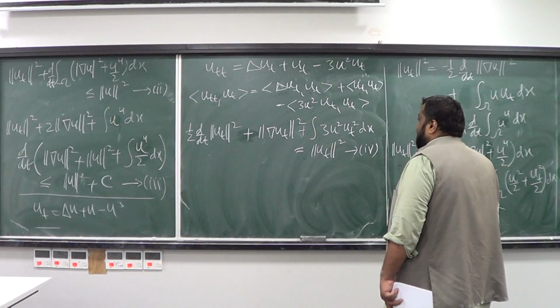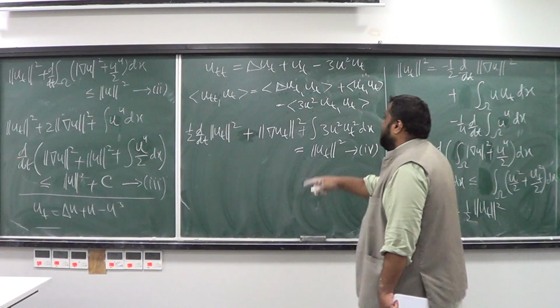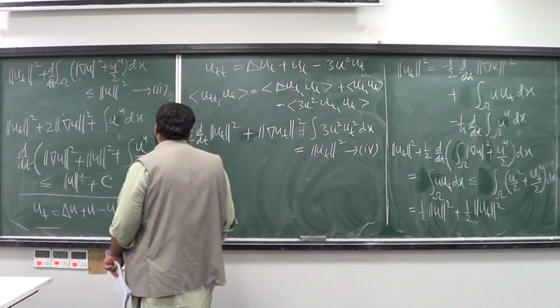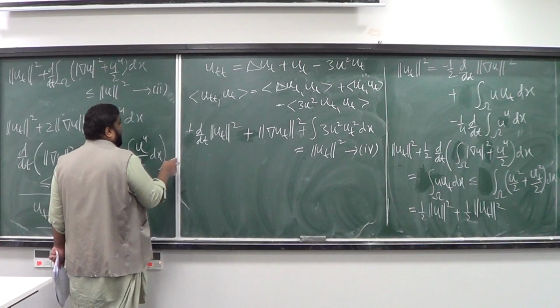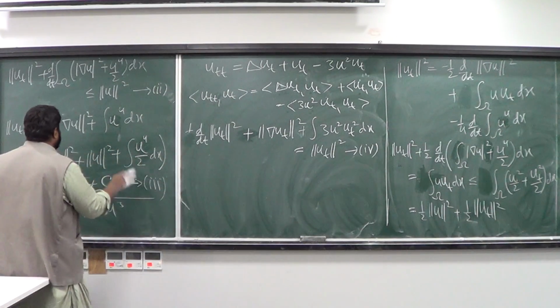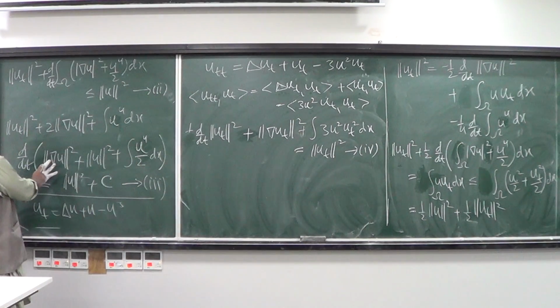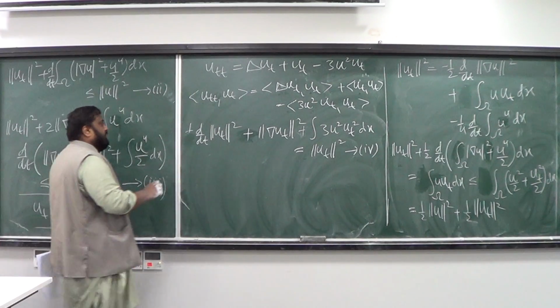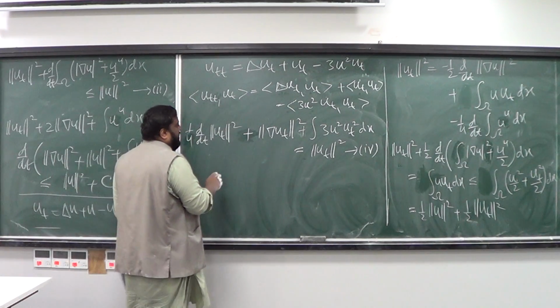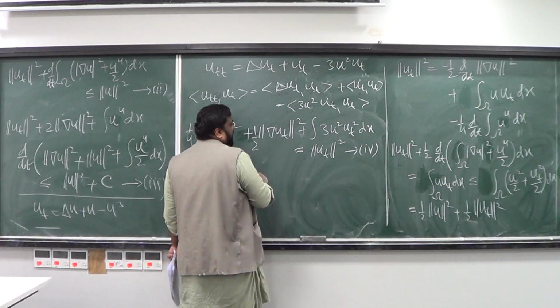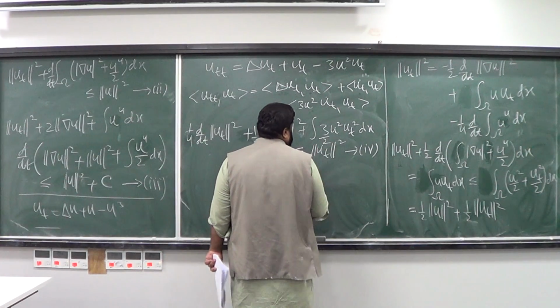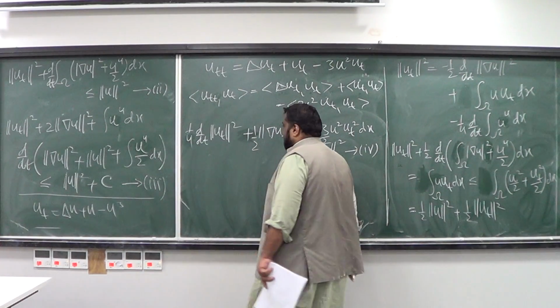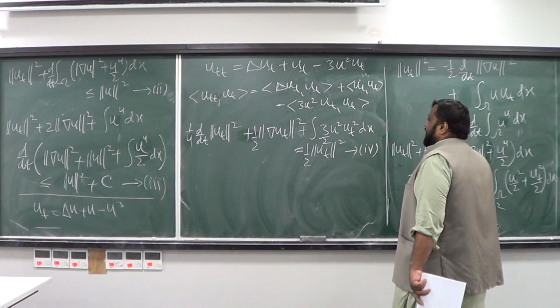So what I'm going to do now is multiply this equation by 1/2, okay, and add it into this inequality. So when you multiply this equation by 1/2, this will become 1/4, 1/2, this will become 3/2, this will become 1/2, okay?